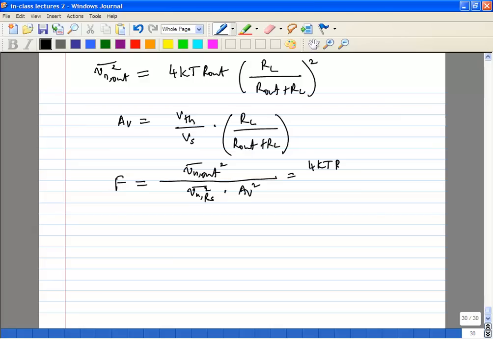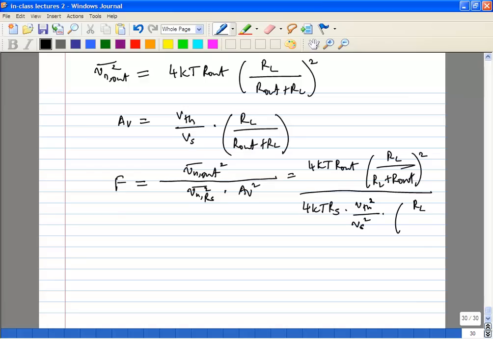So this is 4kT R out over V, and RS is 4kT RS. What is AV squared? It's VTH squared over VS squared times R out whole squared.